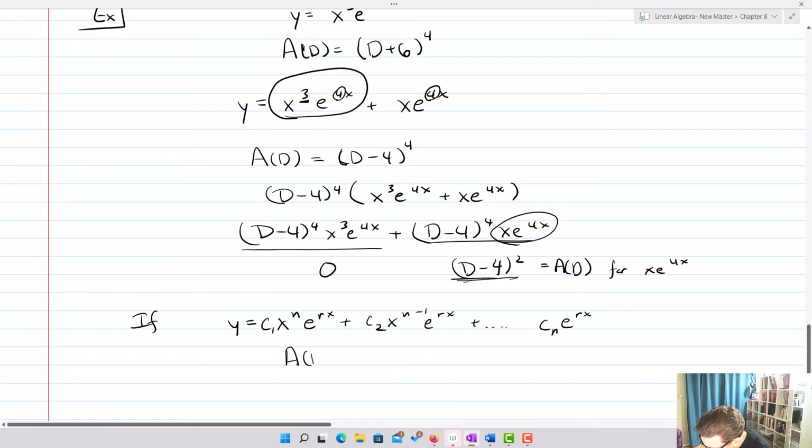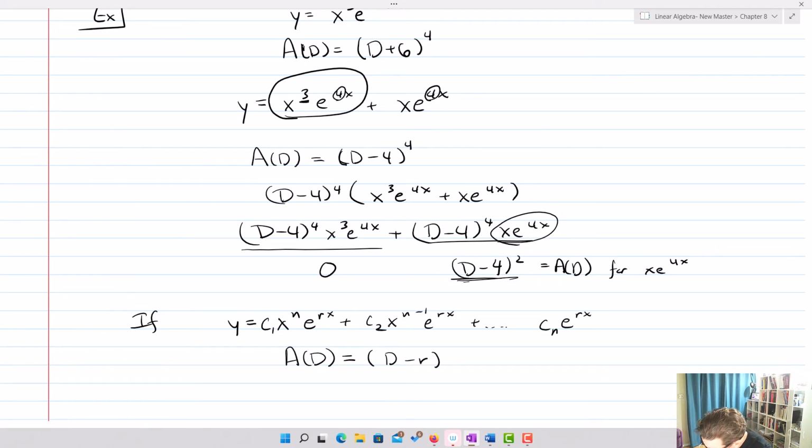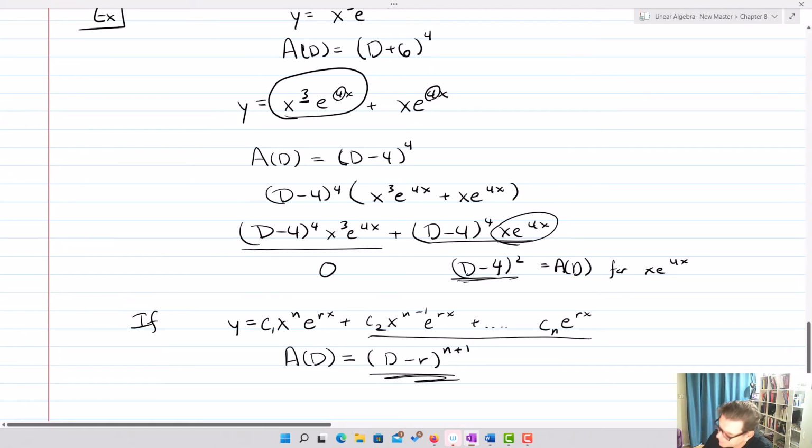A of D is still going to end up equaling (d minus r) to the n plus 1, because these will all be annihilated by this term.